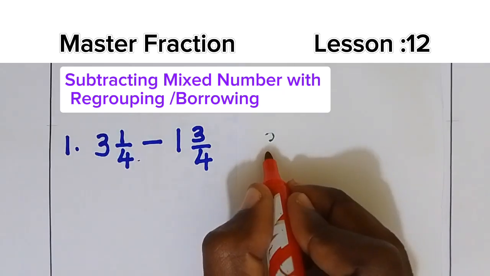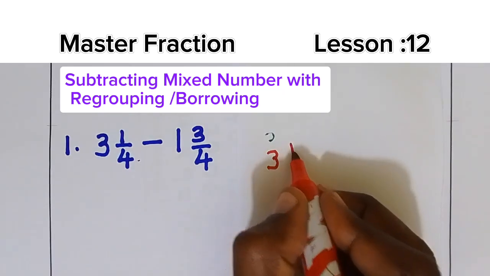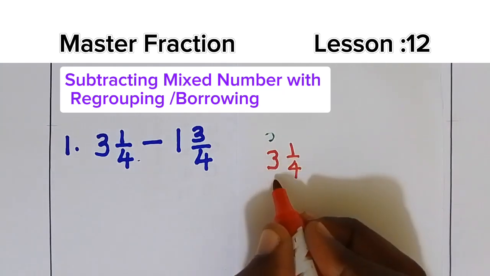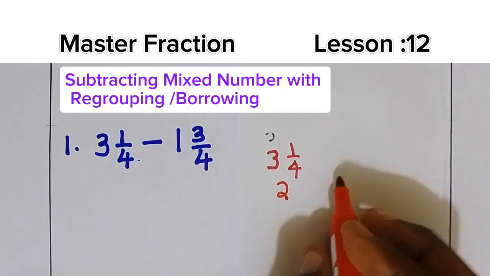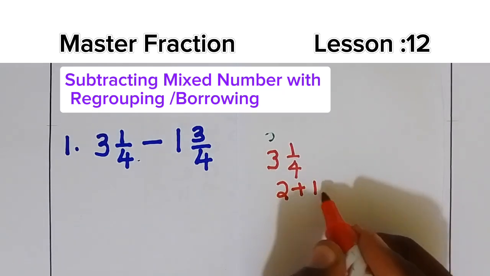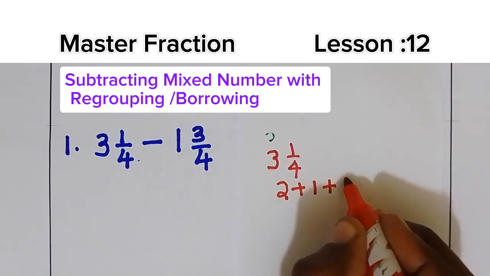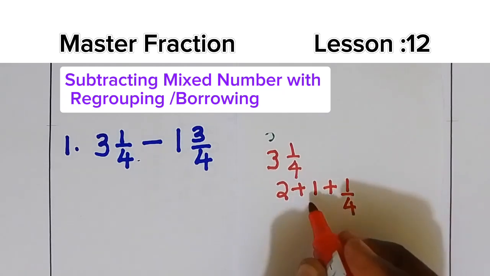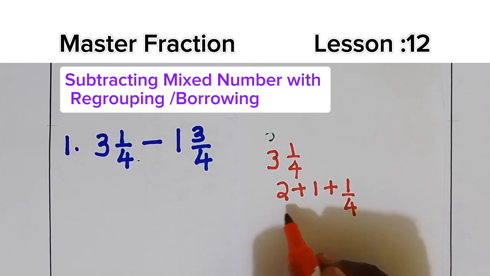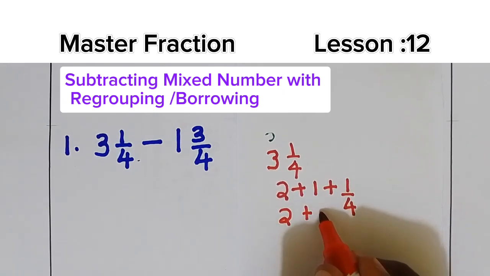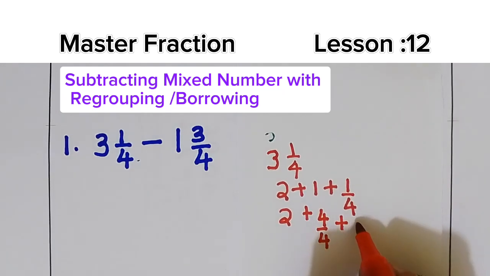We have 3, 1 over 4, but this is the same as borrowing 1 from 3, which is going to remain 2, plus 1 over 4. But I'm going to make this 1 as 4 over 4. So I have 2 plus 4 over 4 plus 1 over 4.